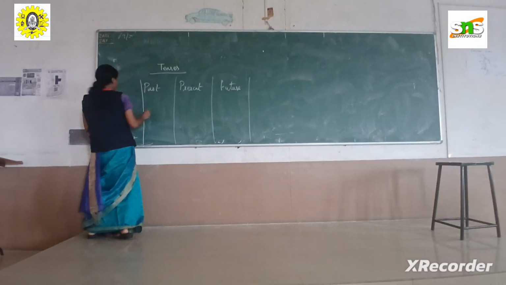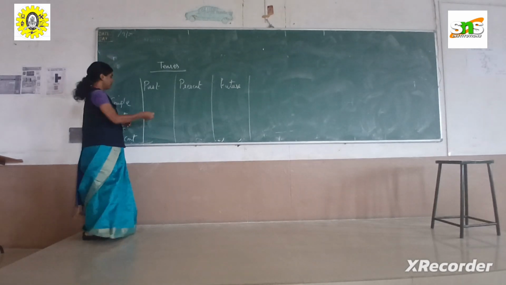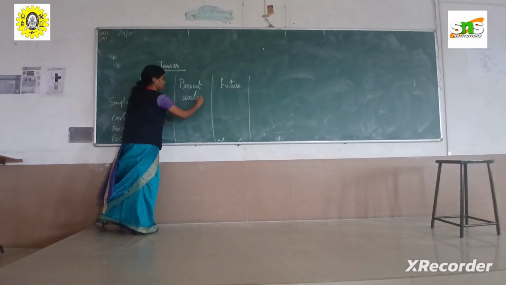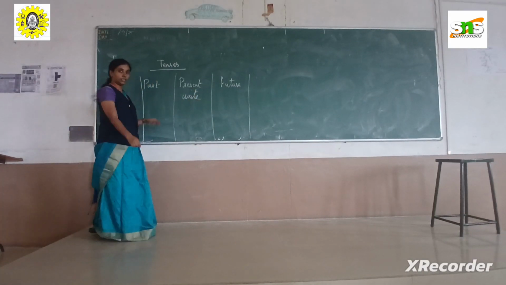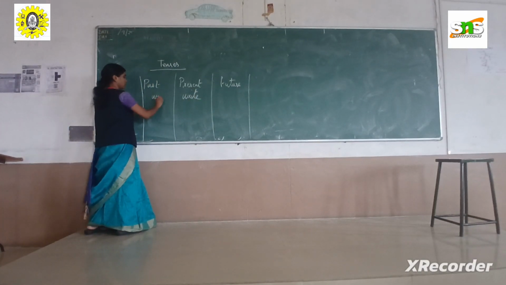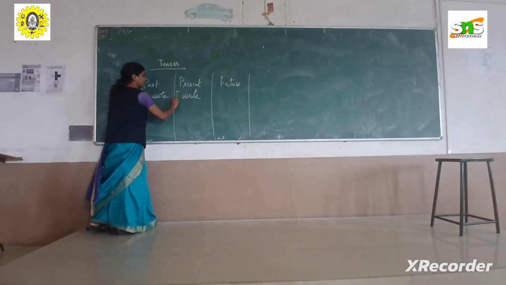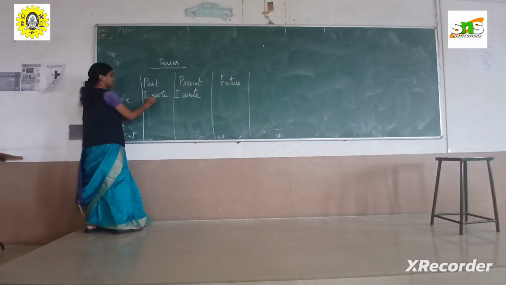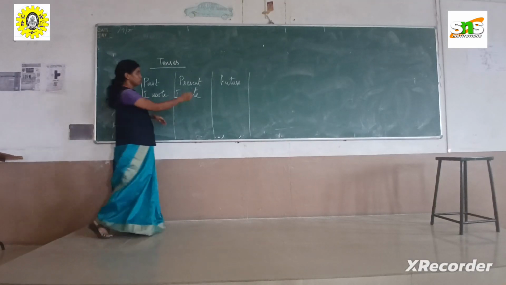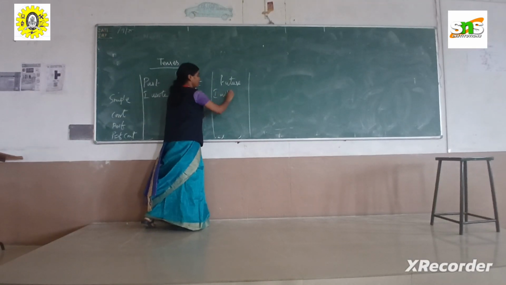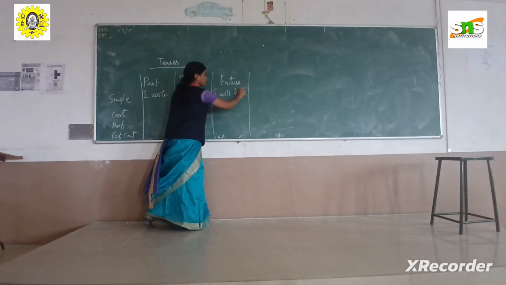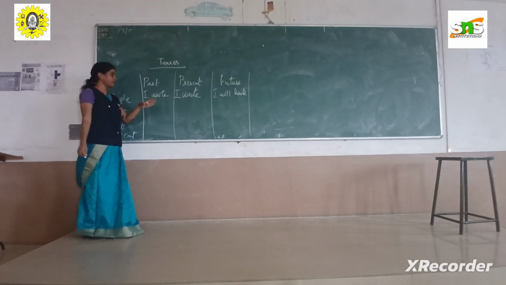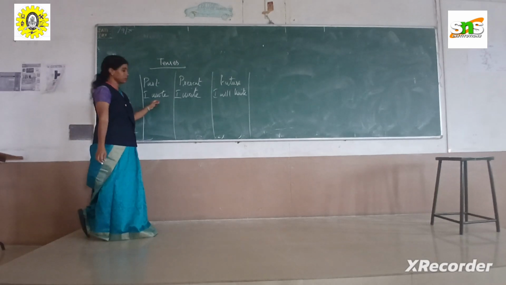So for example, I use the verb write. So here I am taking write as the base verb. So the past tense of the verb is wrote. So taking it as a sentence, I write. The simple past tense will be I wrote. The future tense will be I will write. So in simple tense, if you see, we are using only the base verb. We don't use any other helping verbs.